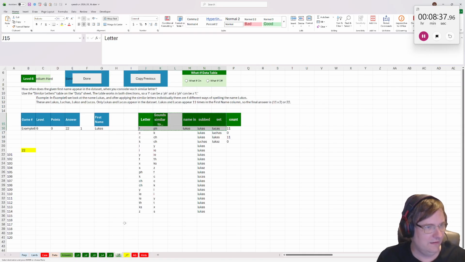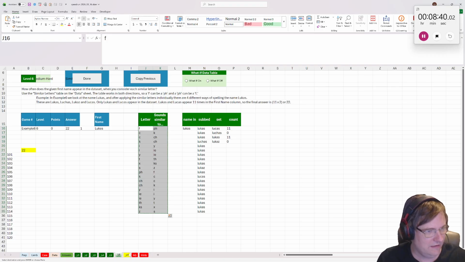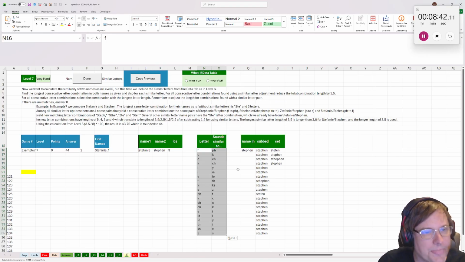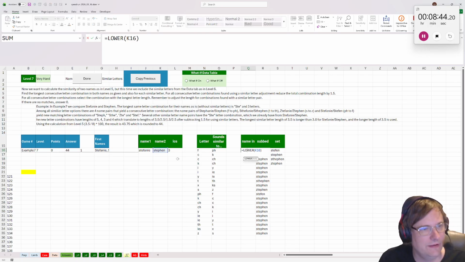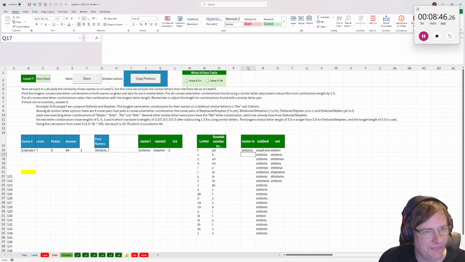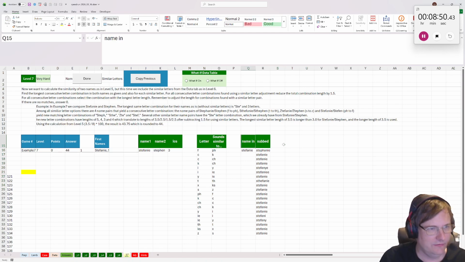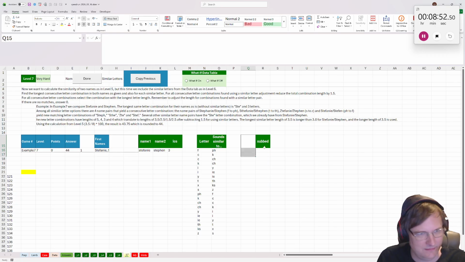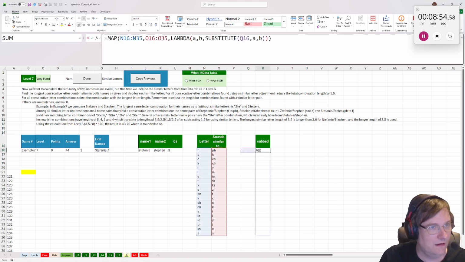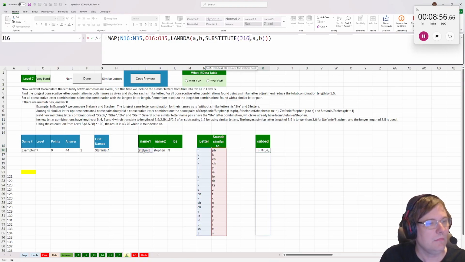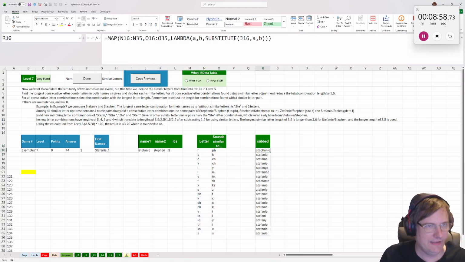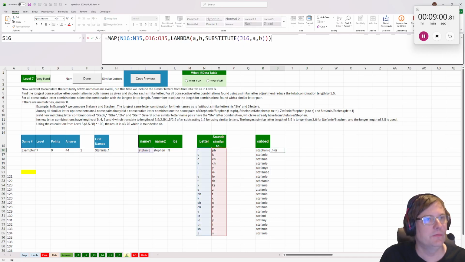Except I do need this whole thing because this is hard coded. So now with the first name, name number 1, I'm going to do the same thing. I don't need name in because I've already applied the lower to it.